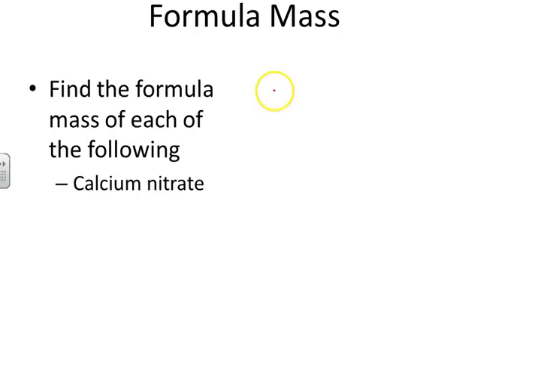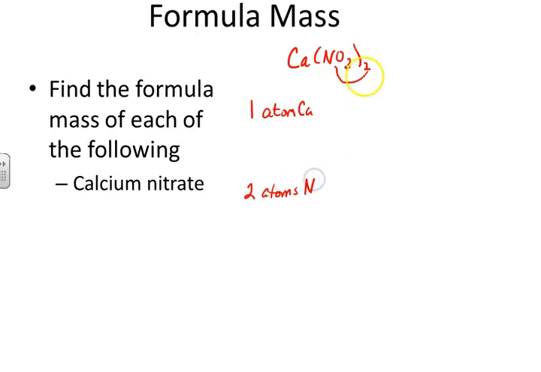Let's try again with calcium nitrate. Calcium nitrate is Ca(NO3)2. So we have 1 atom of calcium. We have 2 times 1, or 2 atoms of nitrogen, and we have 2 times 3, which is 6 atoms of oxygen.